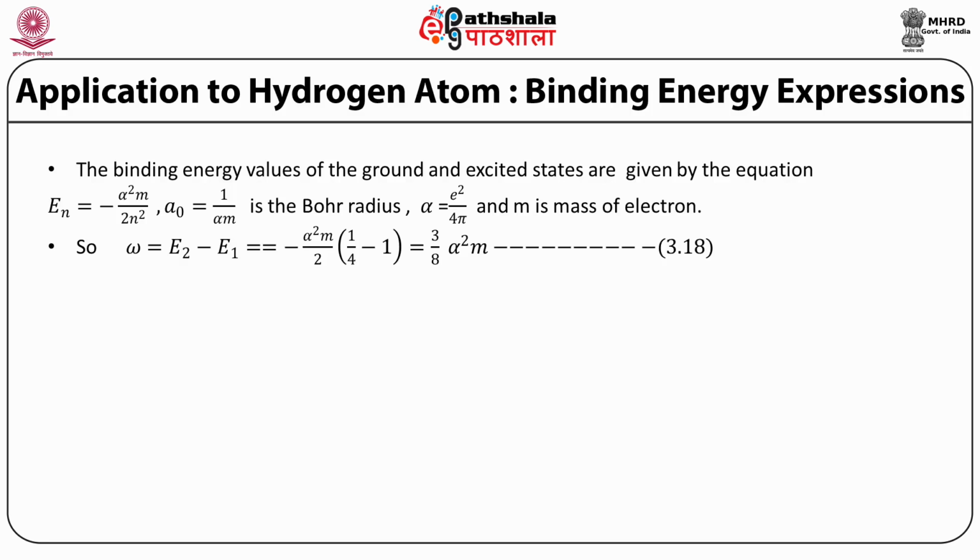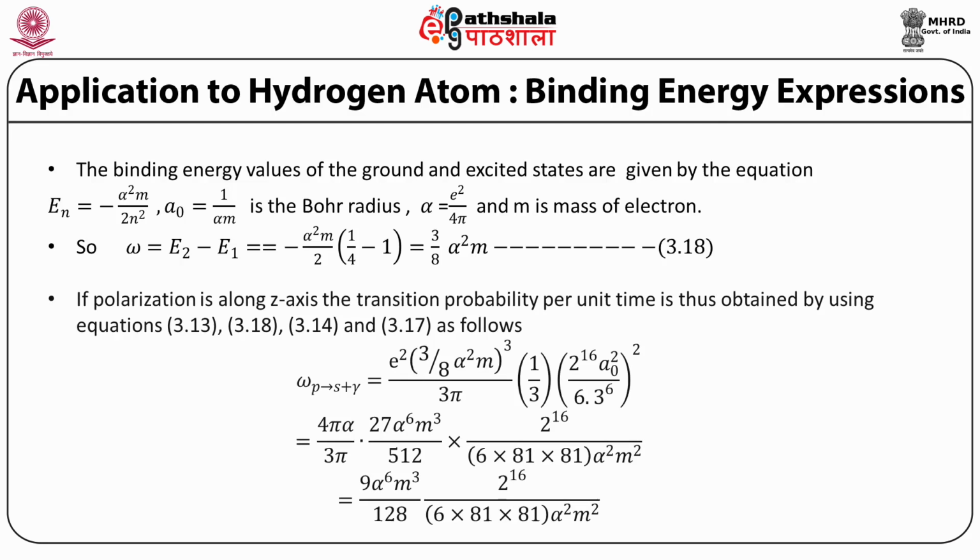So omega, which is E2 minus E1, is minus alpha squared m by 2 into 1/4 minus 1, which is equal to 3 by 8 alpha squared m. We call this equation 3.18. If polarization is along the z-axis, the transition probability per unit time is thus obtained by using equations 3.13, 3.18, 3.14, 3.17 as follows.